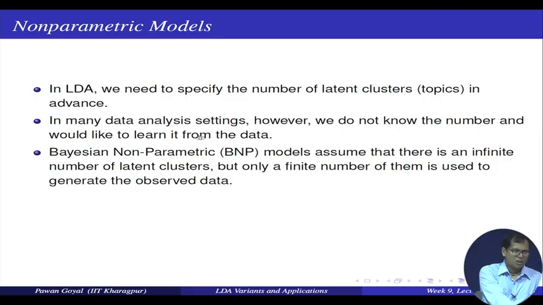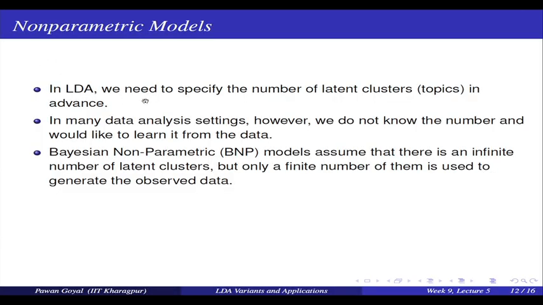So in Bayesian non-parametric models, we are not fixing the number of parameters, but that also means, okay, my data can have any number of parameters, that means any number of topics. So I have to start with the assumption that there is an infinite number of topics, okay, and my data can take any finite number of them. So it can take 100, 500, 30, whatever it needs.